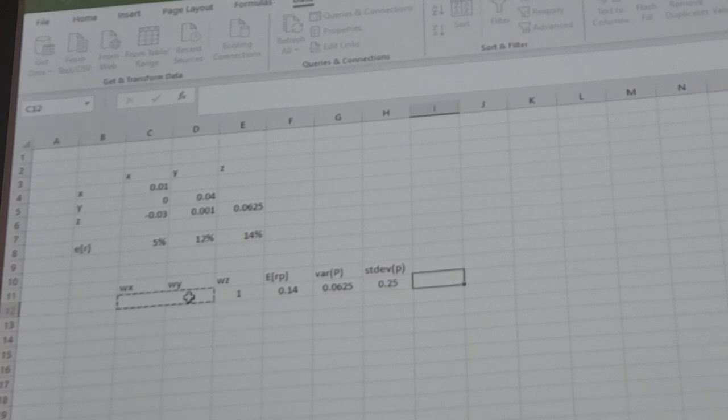So if I just do that and click OK, it is going to pick the weights, all three of them. It's just going to find the weights that give us the absolutely smallest variance. So suppose I click solve.